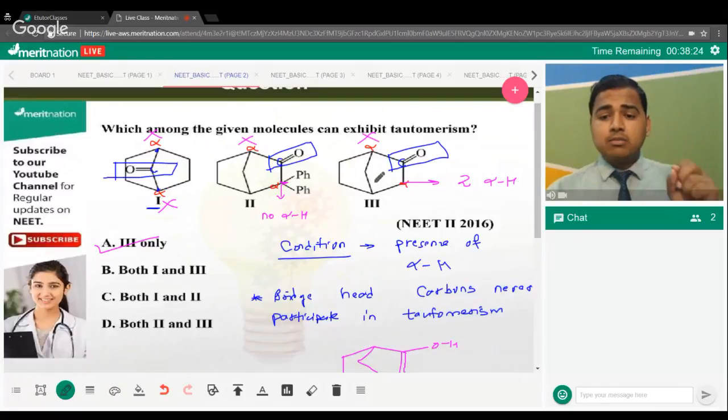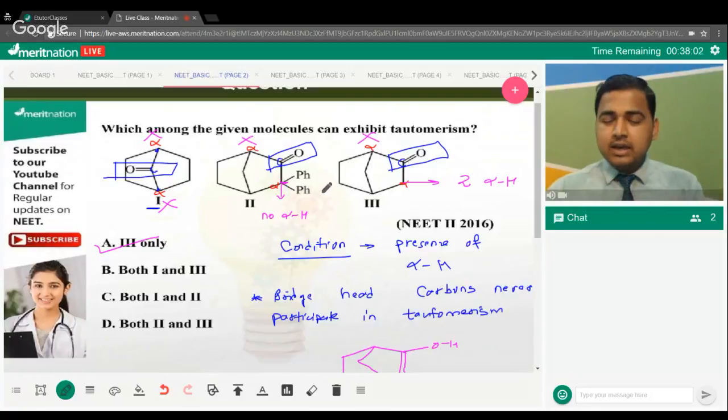Those carbon atoms which are directly connected to the functional group will be considered the alpha carbon, and those hydrogen atoms which are directly attached to the alpha carbon will be the alpha hydrogen. So in a tautomerism case, first find the alpha carbon, then the alpha hydrogen, and then think about whether this alpha hydrogen is going to be donated by the alpha carbon or not.